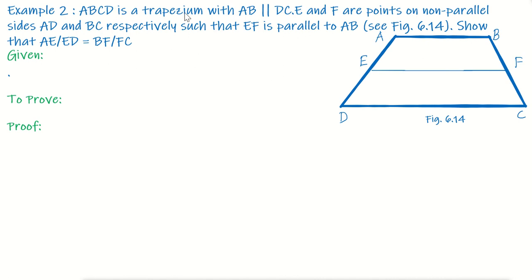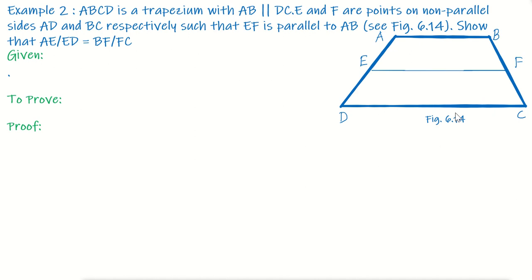Now ABCD is a trapezium with AB parallel to DC. E and F are points on non-parallel sides. AD and BC non-parallel sides உள்ள points E and F. Okay. Also this EF, when joining these two points, EF is parallel to AB. This upper portion, EF parallel to AB.